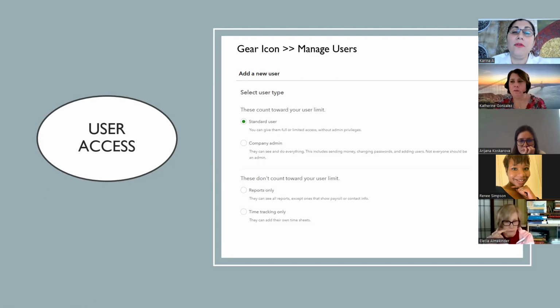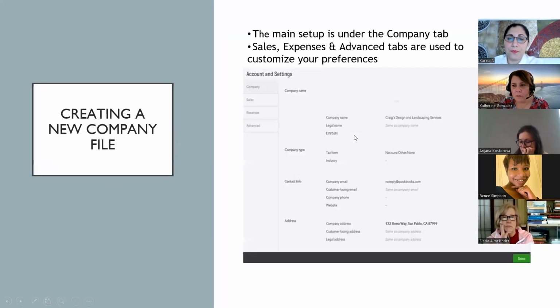Those are the reports only user and the time tracking only user, so they can add their own timesheets. This is ideal if you have a business with services and you subcontract your staff. Reports only and time tracking only are fairly new.